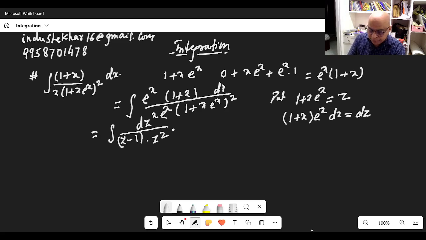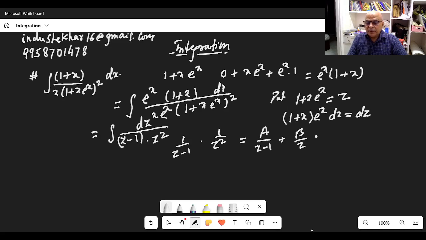Now let us do it. So suppose 1 by (z minus 1) into 1 by z squared is equal to A by (z minus 1) plus B by z plus C by z squared.